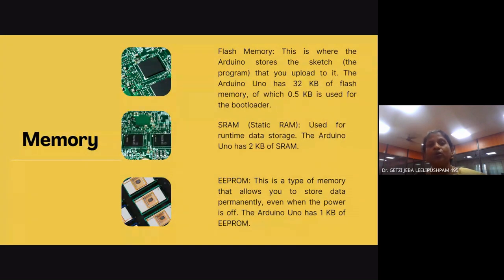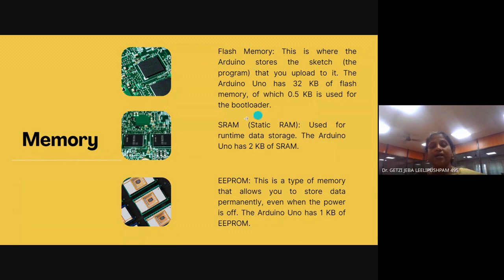When you upload, you will get a message that the sketch uses this many bytes, 6% of your flash memory. The maximum memory available is around 32,256 bytes. It will show in that way, right?